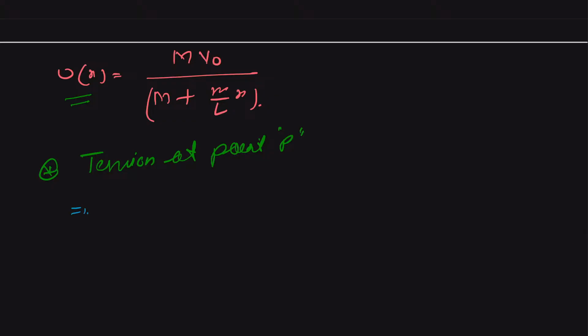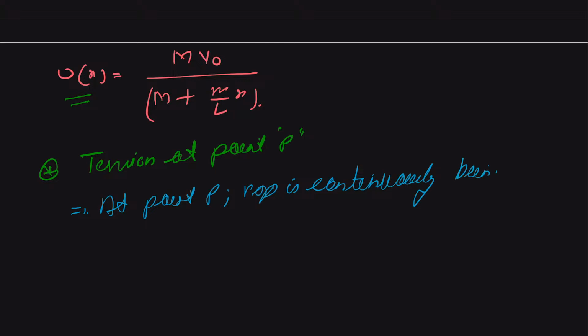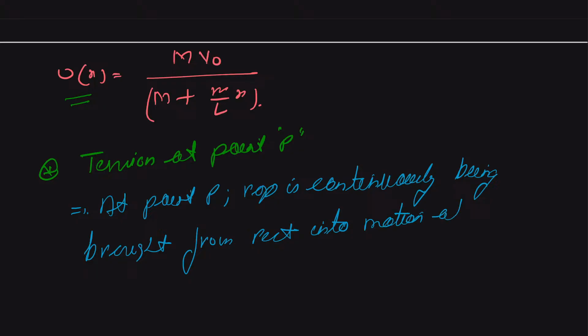So at point P, the rope is continuously being brought from rest into motion at speed v of x.